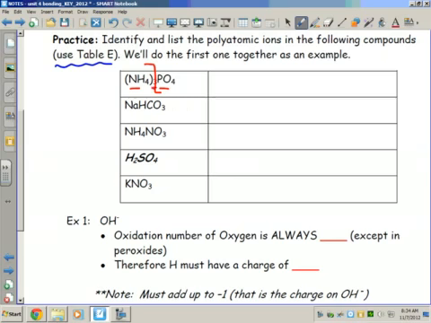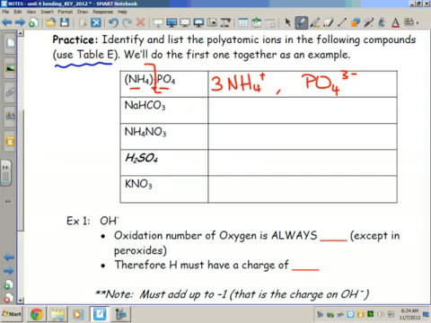The subscript tells us we have 3 NH4 plus ions, and we have 1 PO4 3 minus. It's important that you make sure to include the charge.